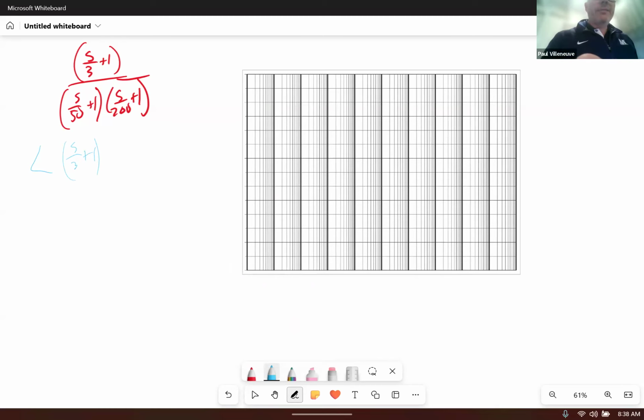So let's do this. We will start this at 0. This is 45, minus 45, minus 90, minus 135, and minus 180. Why don't I have to go any more than minus 180?